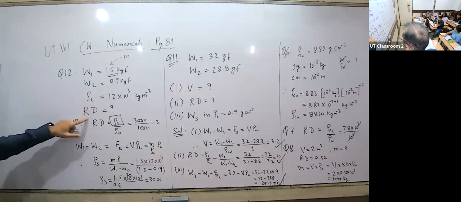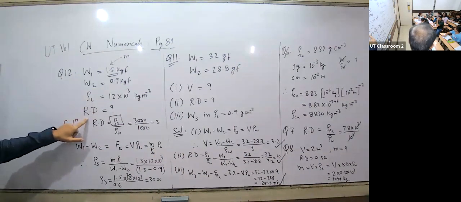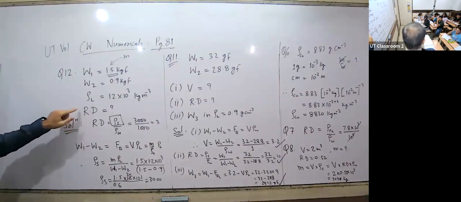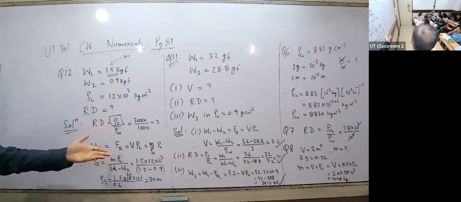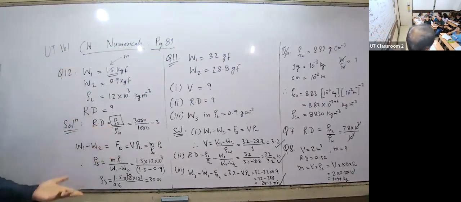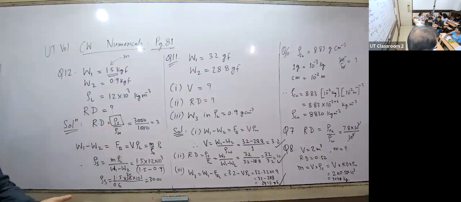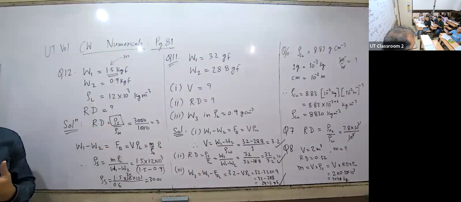What was asked was relative density of the solid. It is always the density of the substance with respect to density of water, right? But density of substance is not given, so how will we get it?